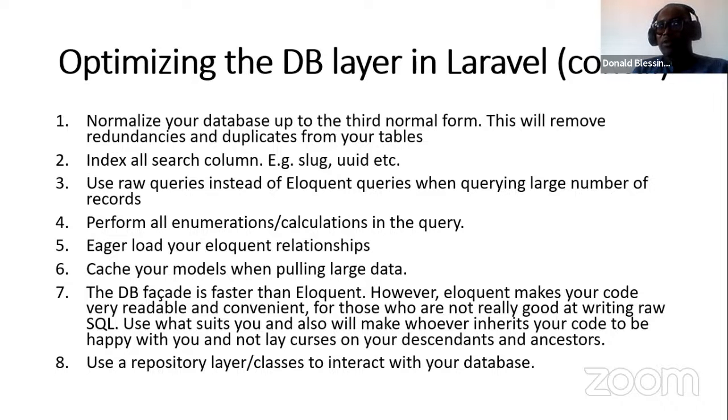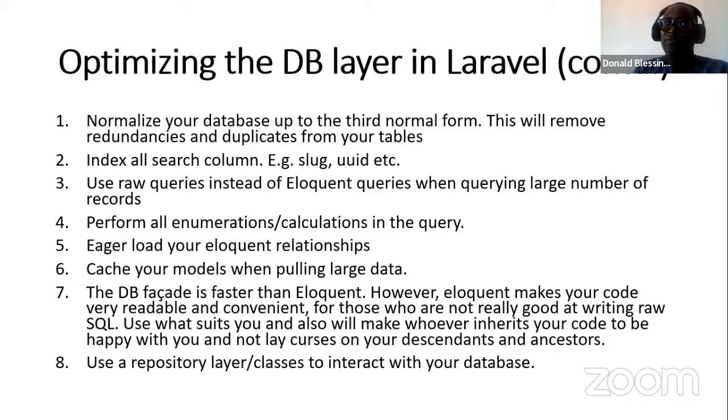Also use raw queries instead of Eloquent queries when querying large number of records. There are times when you're working on enterprise systems and you have to query several tables to return certain custom results. It is usually wiser to use raw SQL queries for that.